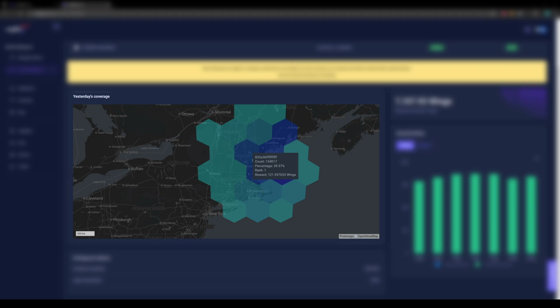Next, out of all the contributors to that hex for yesterday, our station was ranked number 1, first place. If you have multiple setups, it shows the rank of your best contributing setup for that hex. And then finally, it shows our rewards based on the formula. For that hex, it was almost 122 wings for yesterday.